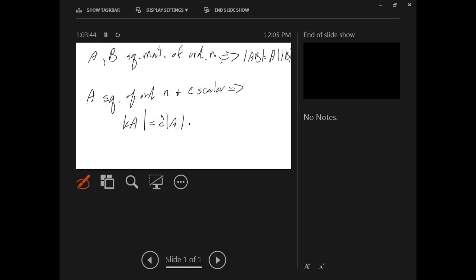All right. Now, you might say, why did C get raised to such a big power? C to the nth power. Well, if you think about it, what does multiplying C times the matrix do?